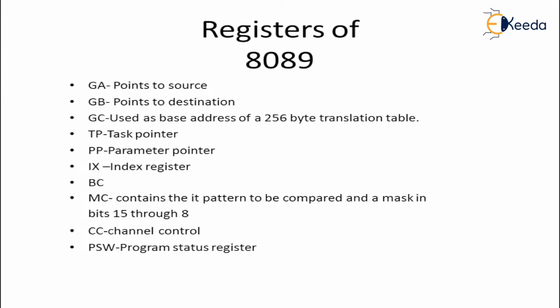Then we have CC. It is considered to be the channel controller. Now, what do you understand by channel controller? It is used to control the different operations that are being performed in the channel.